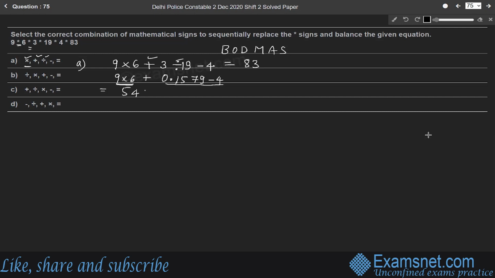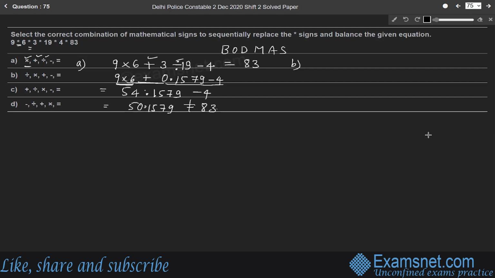We can go with the subtraction part, or we can directly add these two: 54.1579, right, minus 4, therefore it is 50.1579, which is not equal to 83. So option A is not the correct answer.